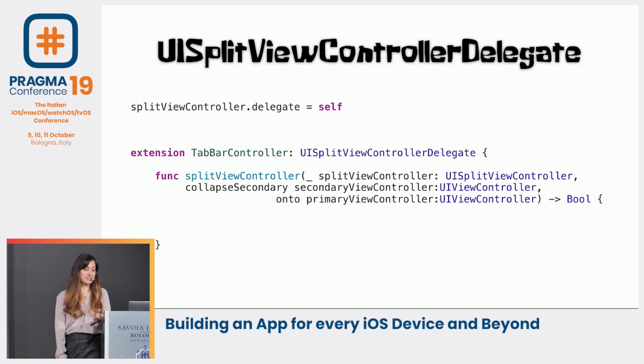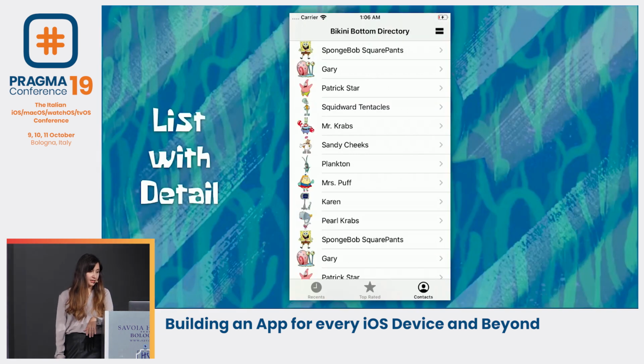So this method is basically asking, when going into compact size class, do you want the secondary view controller to be collapsed into the primary? Or in other words, do you want the detail to be discarded and only the master shown? And in our case, we say yes, because that's what we want. And so upon launch, this is what we have.